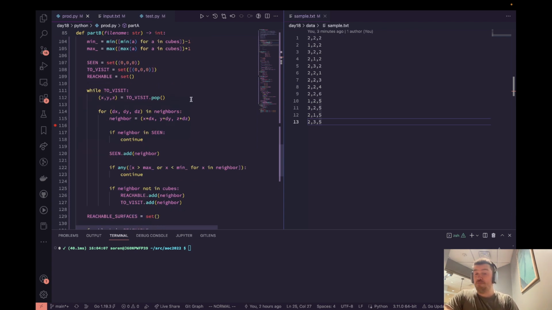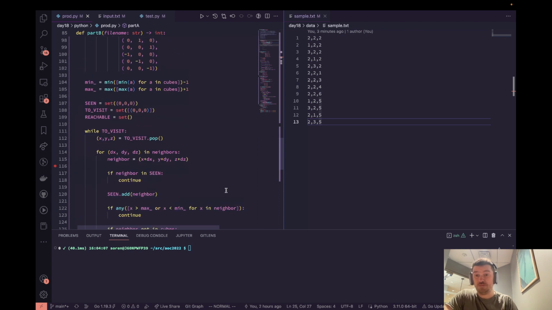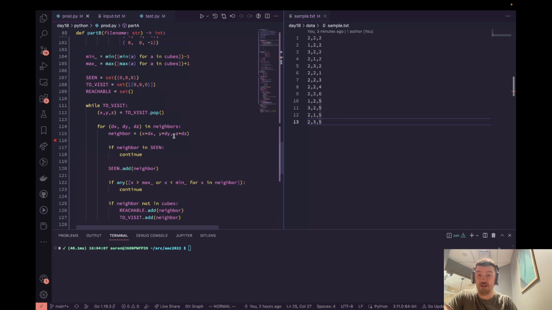we start by popping one off the set, and then we get all the neighbors using this array up here. So that's the delta x, y, and z values. Then we calculate the neighbor. If we've already seen it, move on.